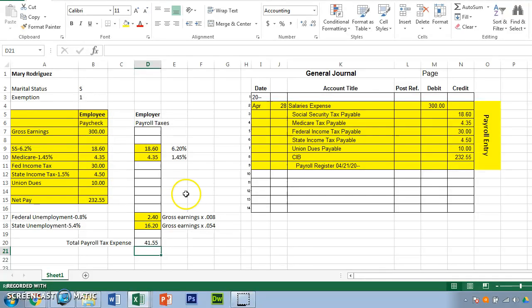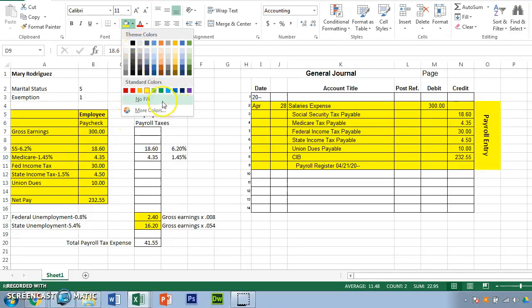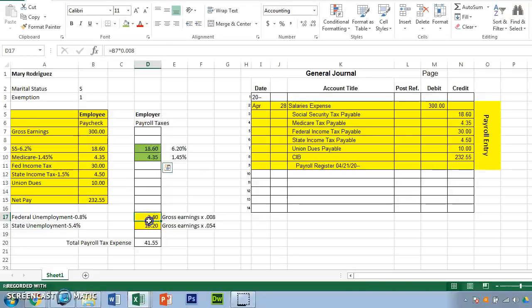Now how do you journalize that? I actually want to put these in different colors. So this is going to be your payroll tax expense. I've just used April for the date. This will be payroll tax expense, which came to $41.55, and then you're going to credit your payables.